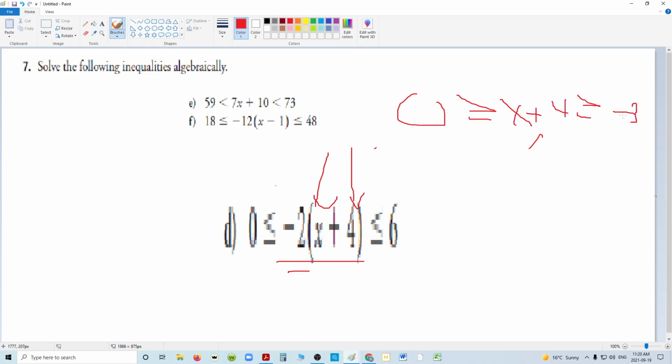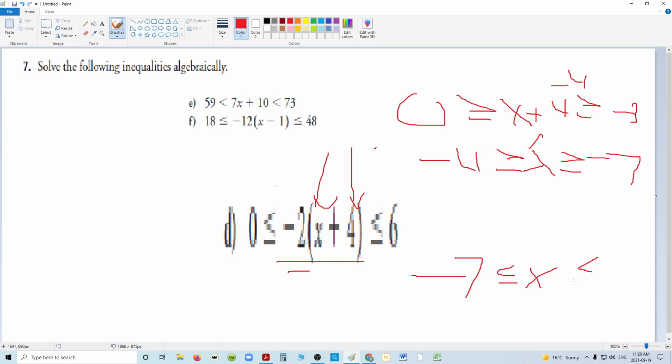Minus 3. Then I have to subtract 4 from all numbers, and I get minus 4 is bigger or equal to x, which is bigger or equal to minus 7, and now I put it in correct order. Minus 7 is smaller or equal to x, which is smaller or equal to minus 4, which means for this to be true, my x has to be between minus 7 and minus 4, including minus 7 and minus 4.